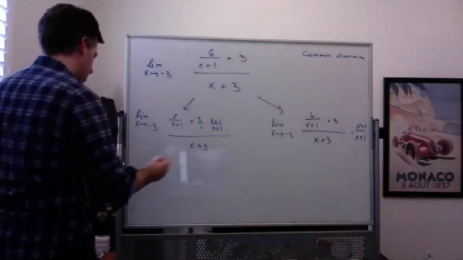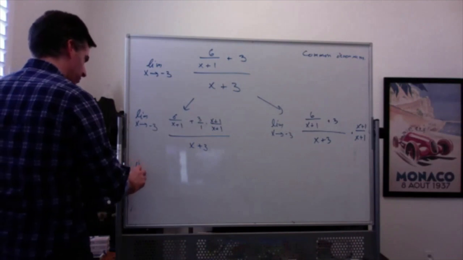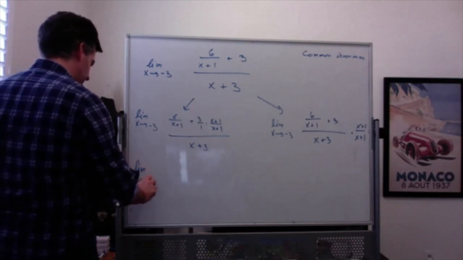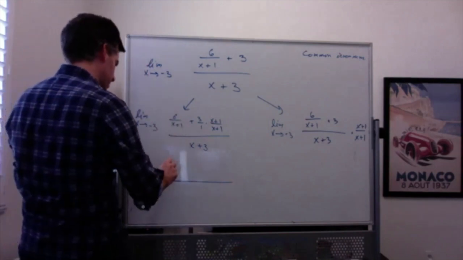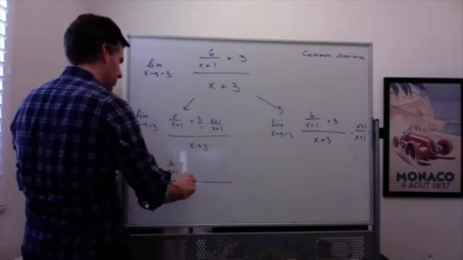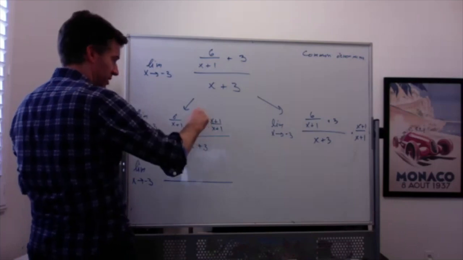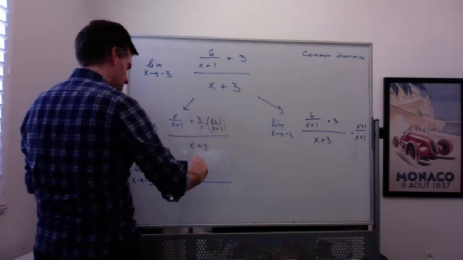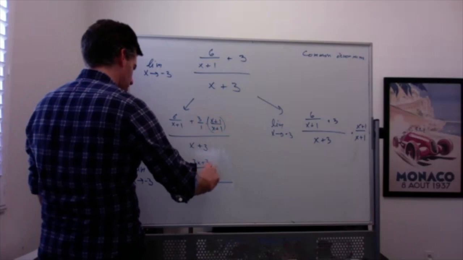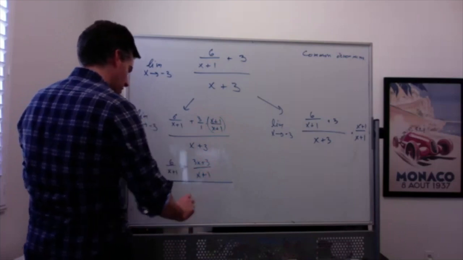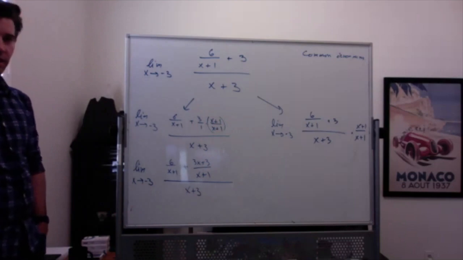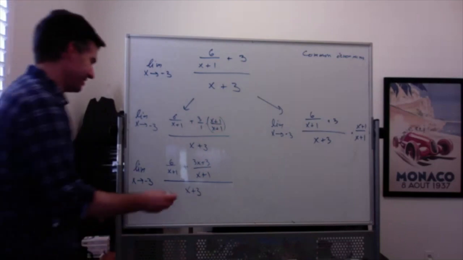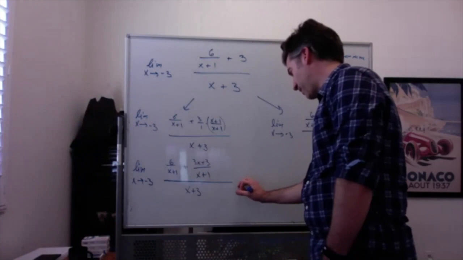So here, I'm going to have the limit as x approaches -3. On top, I'm going to have 6 over x plus 1 plus, I'm going to multiply this out and get 3x plus 3 over x plus 1, all over x plus 3. Then I'm going to simplify.